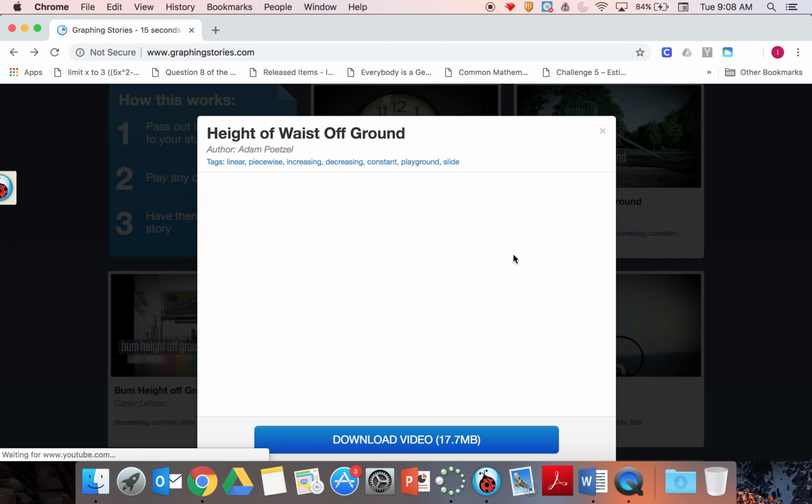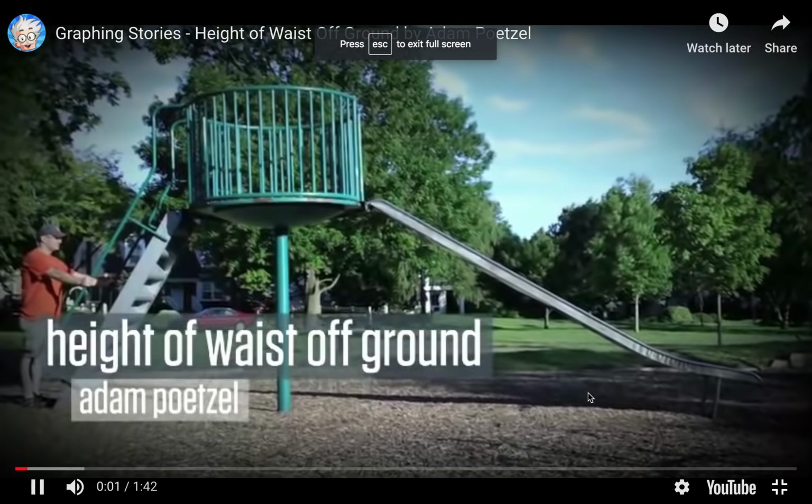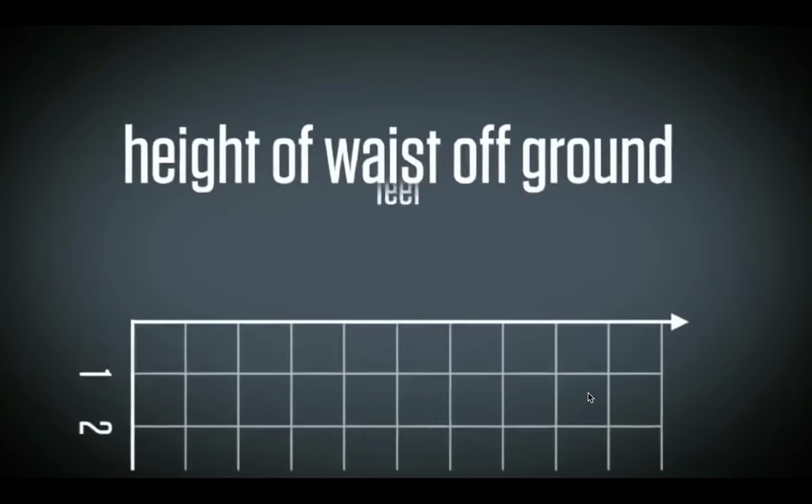The height of a waist off the ground. Think about where the man's waist is compared to the ground when he first starts and as he's moving.